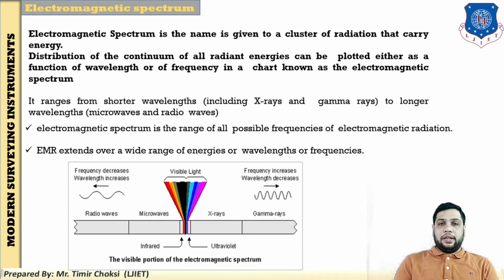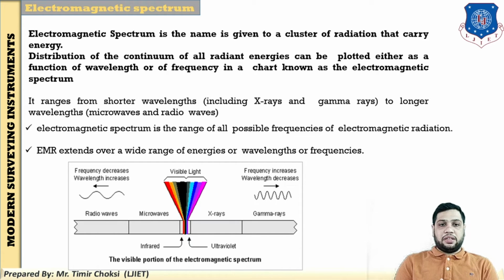All radiant energy can be plotted by wavelength or frequency in a chart, meaning a graph between wavelength or frequency, to understand the distribution of the continuum of all radiant energy. So this chart is most important, and it is known as the electromagnetic spectrum.